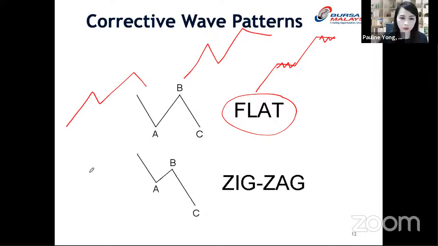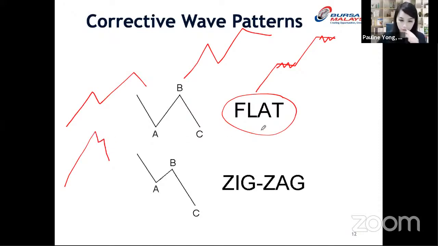Zigzag means that it will be down. Let's say you are on an uptrend, and then when you have a zigzag, that means you are down. So when you're on an uptrend and you have an A, B, C correction, wave C usually will test whether you can break the lower low. Then this one is called a zigzag.